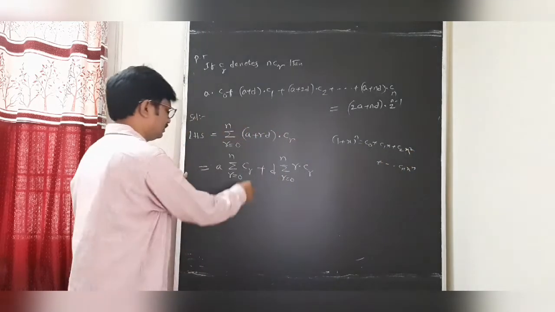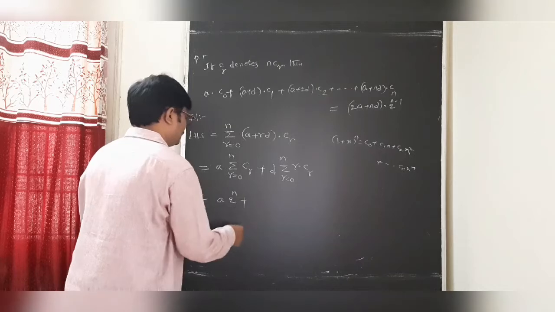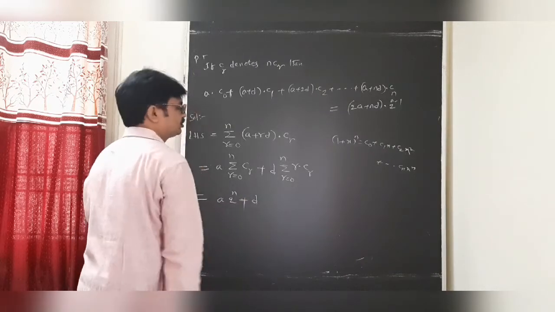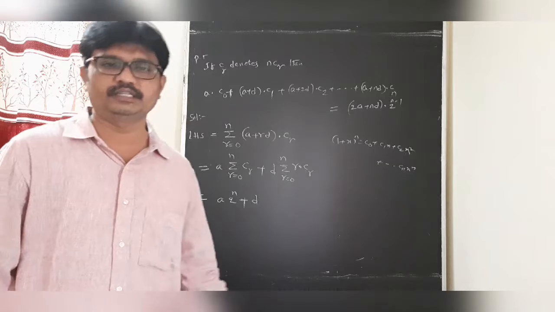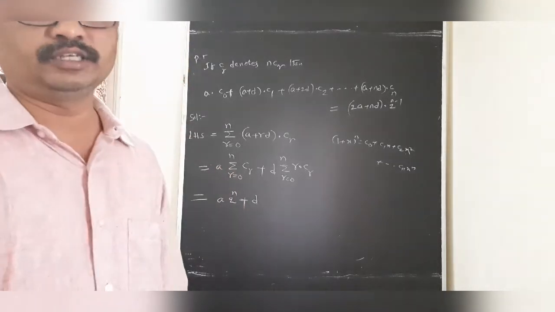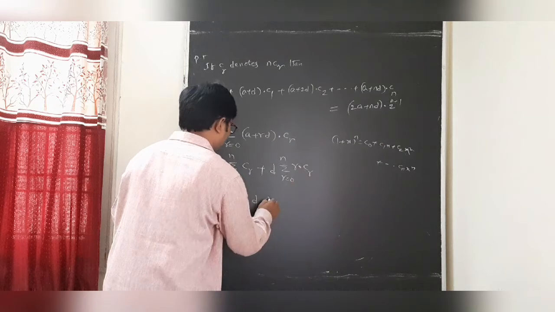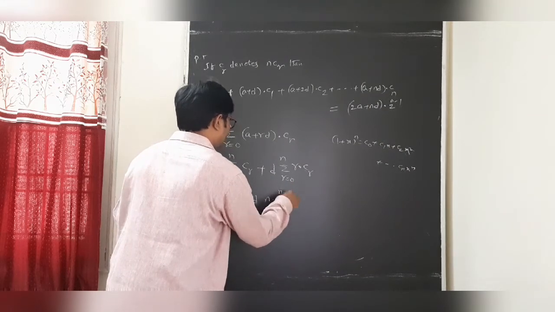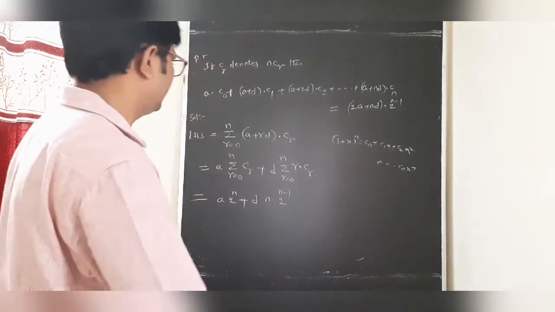Substituting directly x equal to 1, this is the formula 2 power n. So A into 2 power n. Dear students, what is r into Cr? After one time differentiation, we substitute x equal to 1. What is the form? N into 2 power n minus 1.